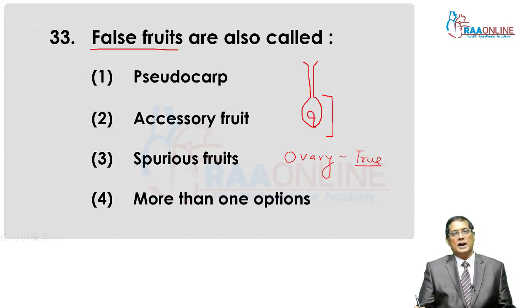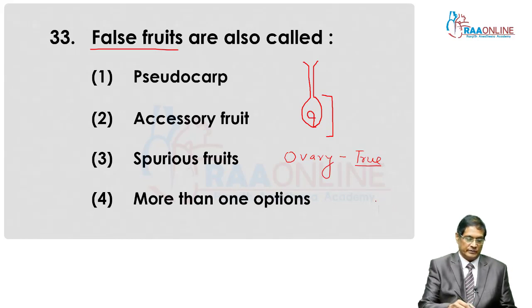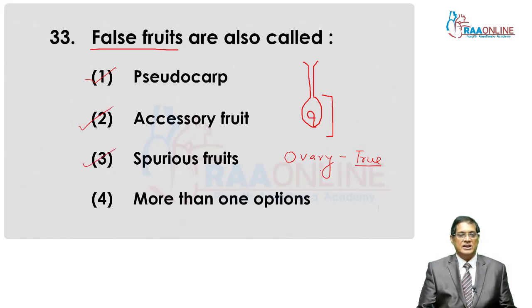If other parts contribute in the formation of fruit, that is, the ovary and in addition to the ovary other parts are also involved, such fruit is known as false fruit. So pseudocarp, accessory fruit or spurious fruit are the same thing.